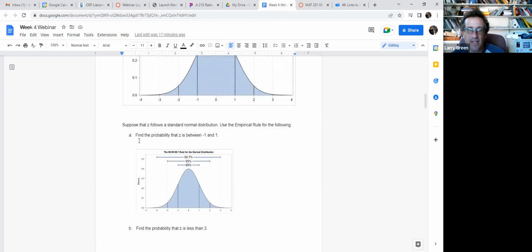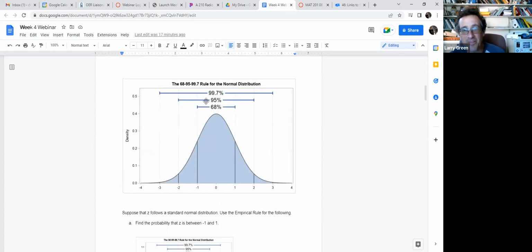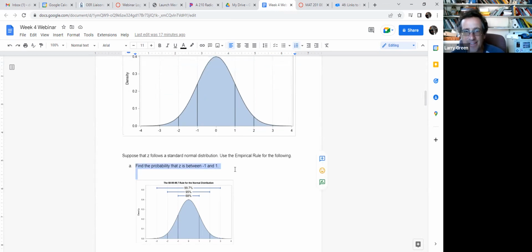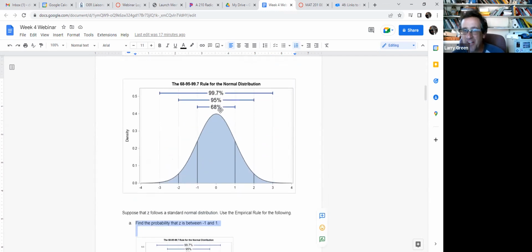Okay, so let's look at part A. Now I'm going to give you some examples, and we're going to use the empirical rule, which means you use this graph to answer these. Part A is find the probability that Z is between -1 and 1. The hint is that should be really easy. So maybe you can put in the chat box what you think it is.